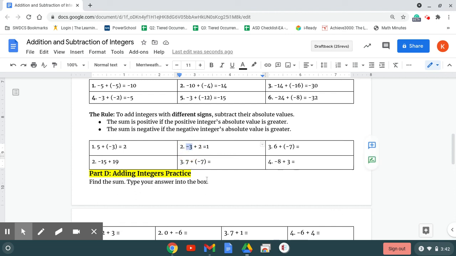So our answer is going to be negative. So negative 3 plus 2 is a negative 1. Since 3 is bigger and 3 has a negative, we keep our negative sign. We subtract and keep the sign of the bigger number. So different signs, subtract and keep the sign of the bigger number.